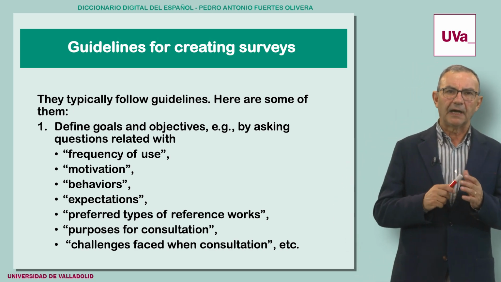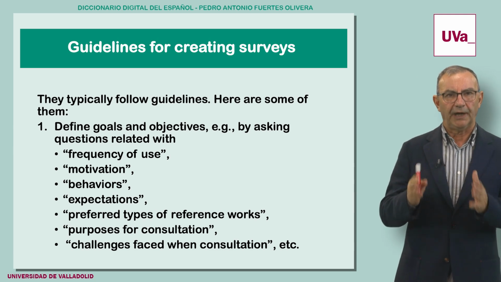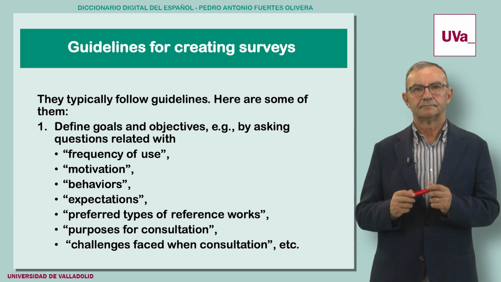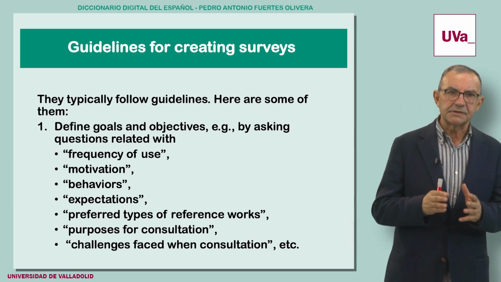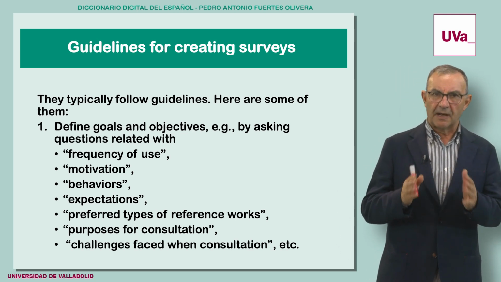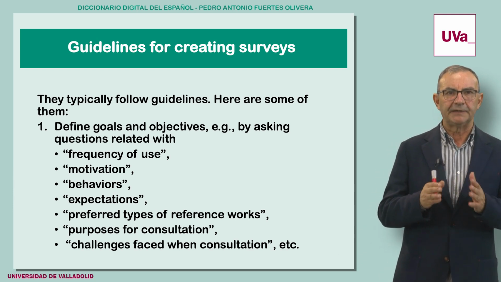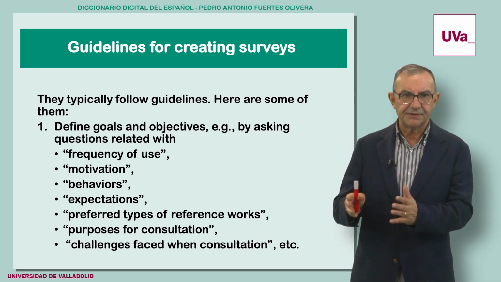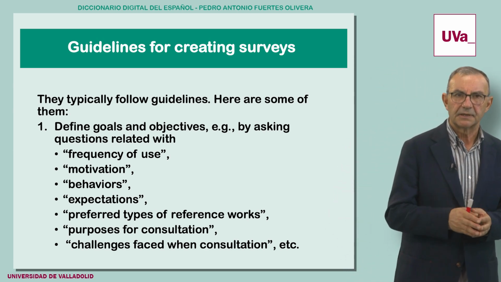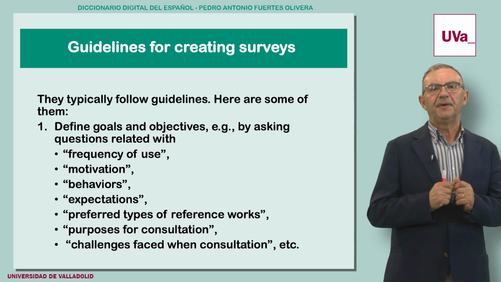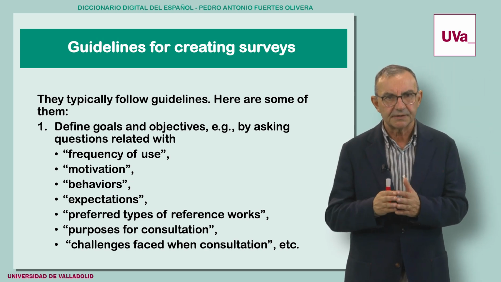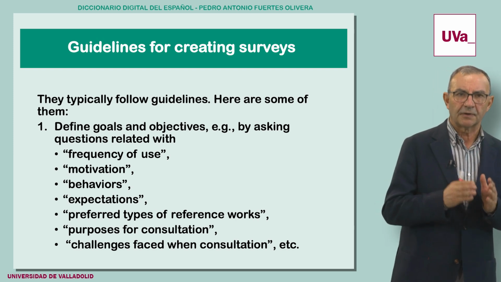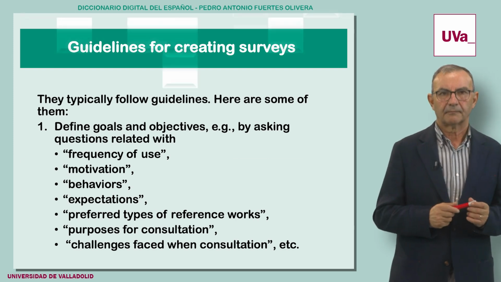Here is a list of guidelines you can follow to create your questionnaire surveys. 1. Define goals and objectives. For example, by asking questions related with frequency of use, motivation, behaviors, expectations, preferred types of reference works, purpose for consultation, challenges faced when consulting, etc. 2.